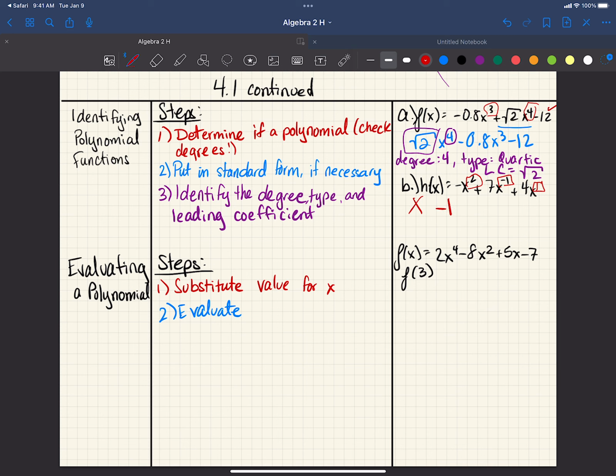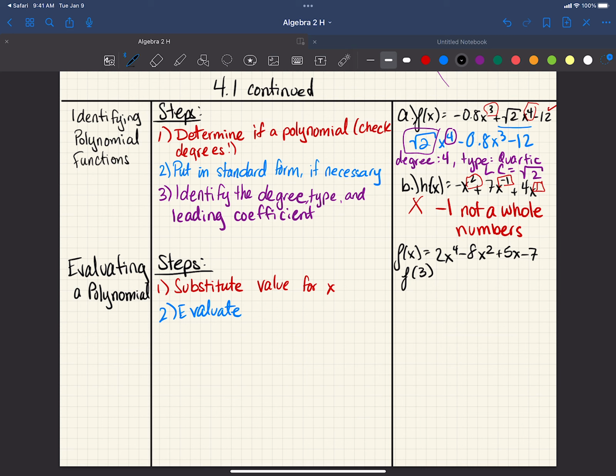Because negative 1 is not a whole number. Remember, whole numbers do not include negatives. The only thing that includes a negative in the family are integers. So this is not the requirement. The requirement is that the exponents are all whole numbers. So that one is ruled out. And then I actually don't have to do anything else because it doesn't matter.